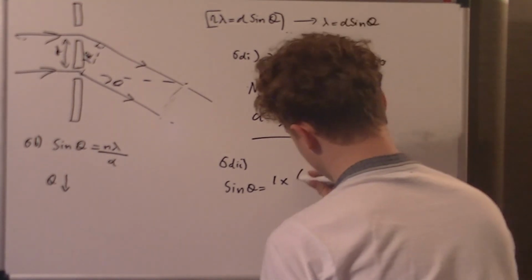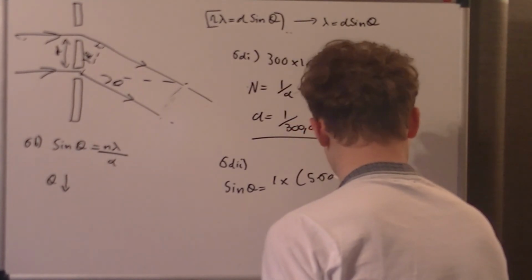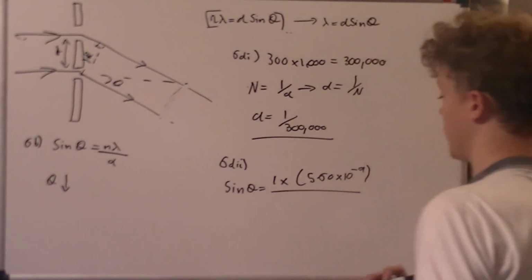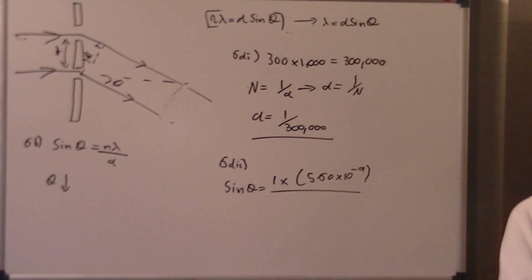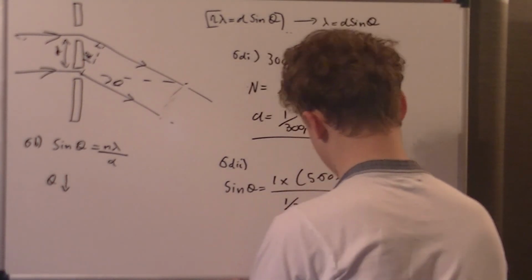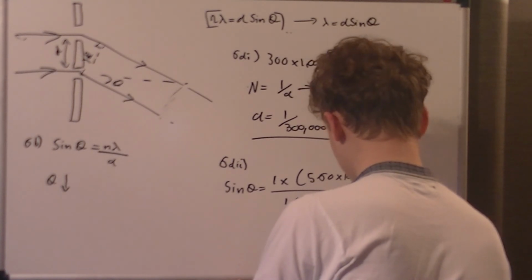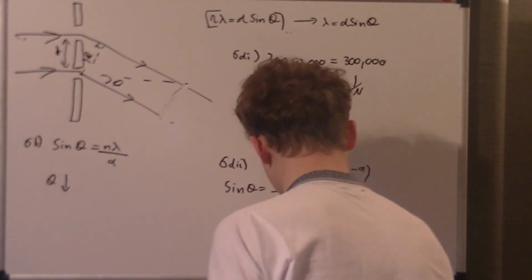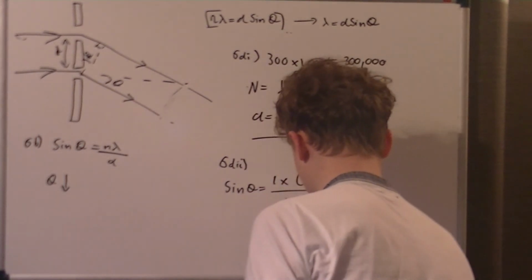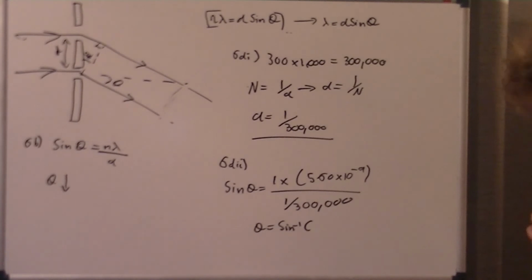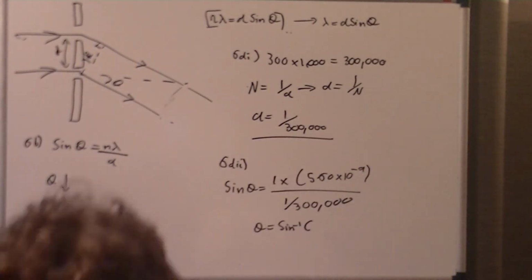Depending on how you found lambda, it's 560 times 10 to the minus 9. Sorry, I'm not going to bother trying to find out lambda because I just want to get through the questions. Over whatever you get for this, so that's over 1 over 300,000. That means theta is equal to the sine inverse of whatever the answer is here. So we can do that now. See what we get.